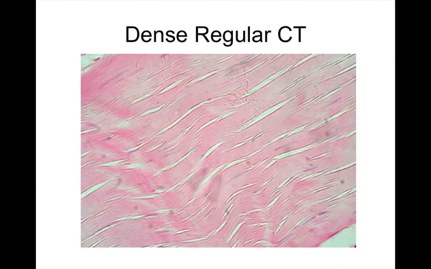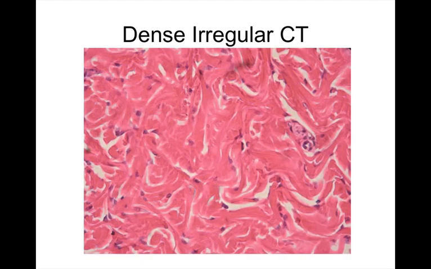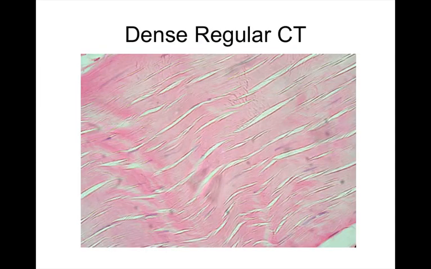Oh, one thing I want to ask here: what kind of organs would you expect to find dense regular connective tissue in, as opposed to the irregular? Well, remember, collagen fibers are great in tension for pulling.